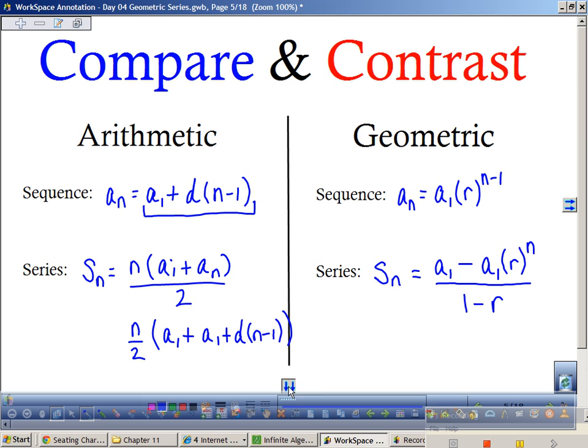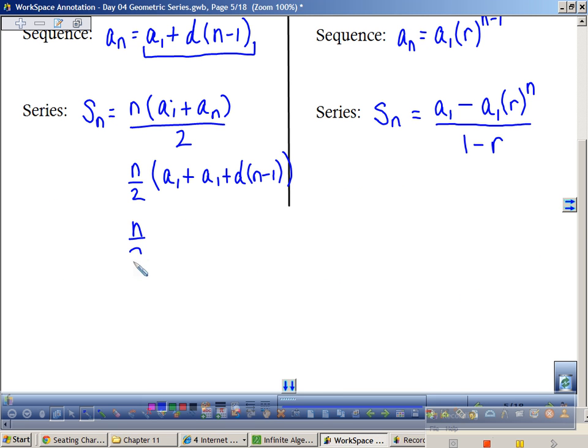When you add that together, you get n over 2 times 2a sub 1 plus d times n minus 1. It's just substituting in. It's the same thing as this, only you take that and you plug it in right there. Okay? Make sense? So you really only need to know these two, and then you use this one in this one if you need to.